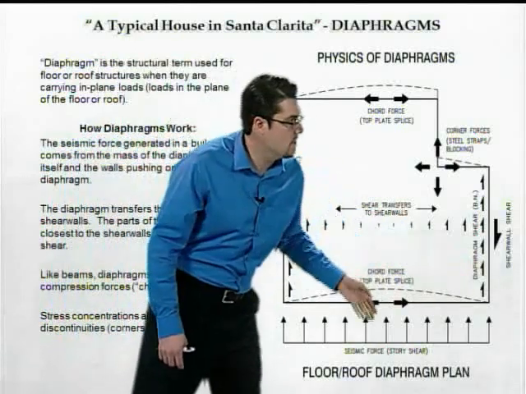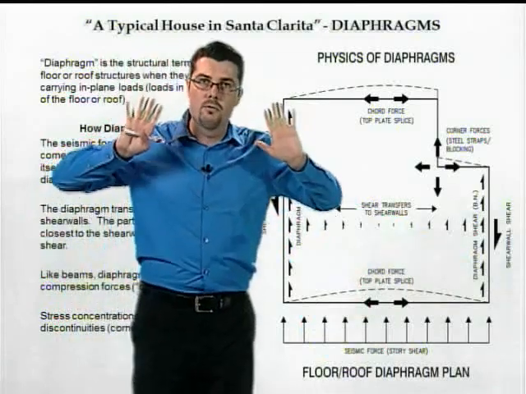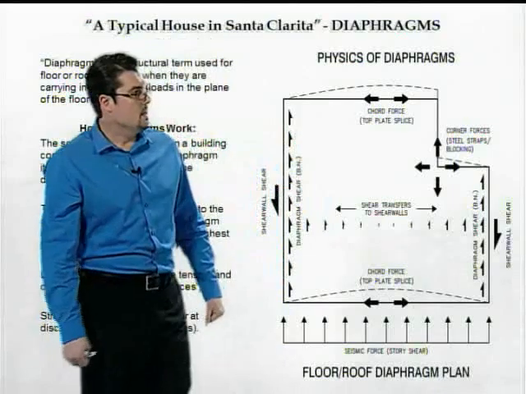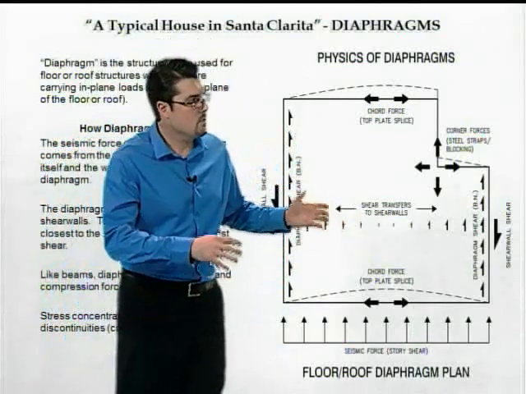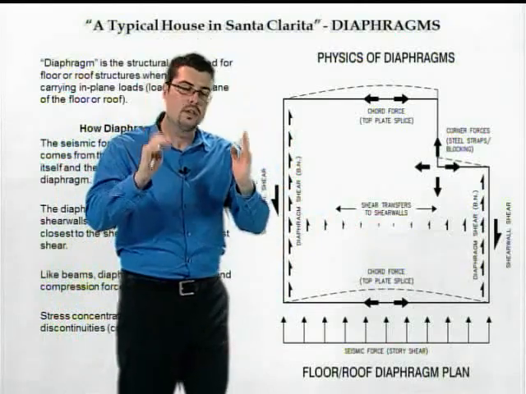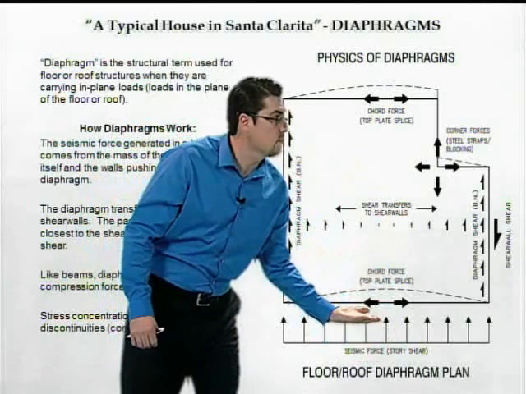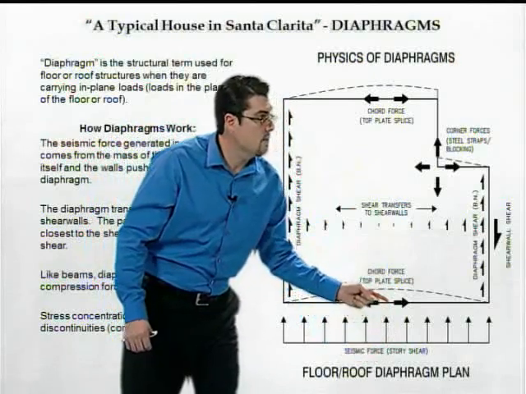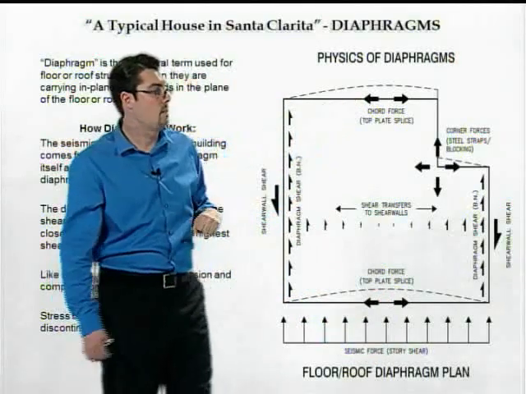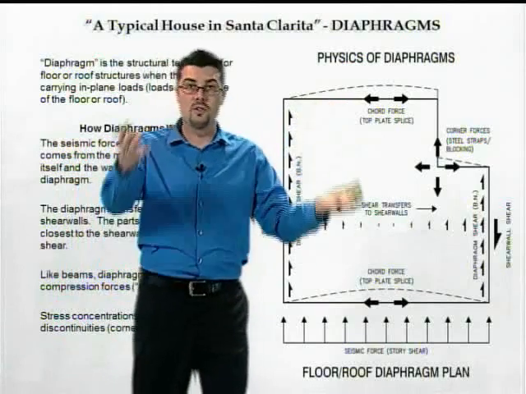So the force here that's loading the diaphragm this way, that would be lateral force pushing on a house, wind load, seismic load. In the same way, when you load a beam, it creates that tension, compression, and shear force. Diaphragms behave the same way. So this force pushing this way is going to put tension here on this side and compression here on this side. And of course, when we talk about seismic loads, the loads reverse.